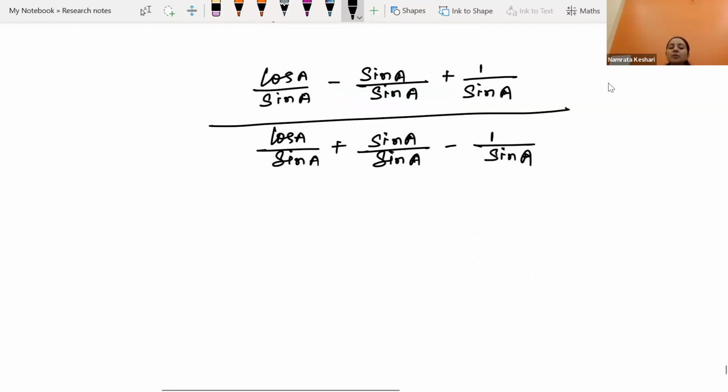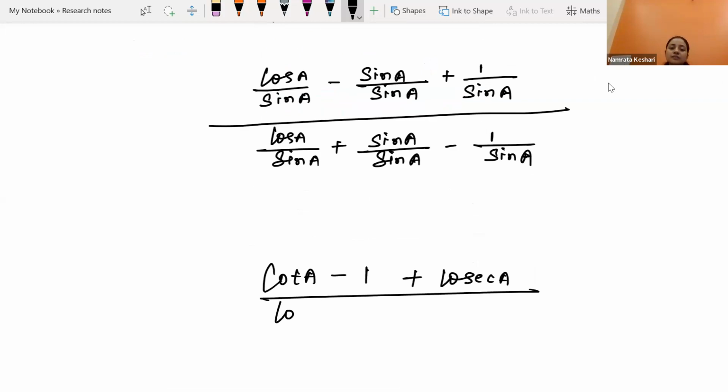Cos A by sin A will be what? Is it cot A? And here it is cosec A? Yes.